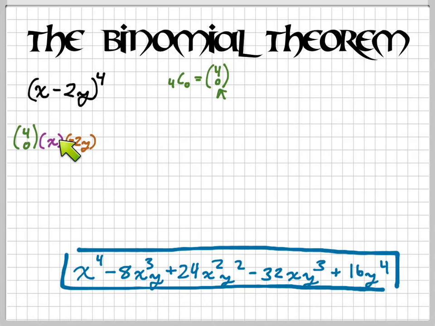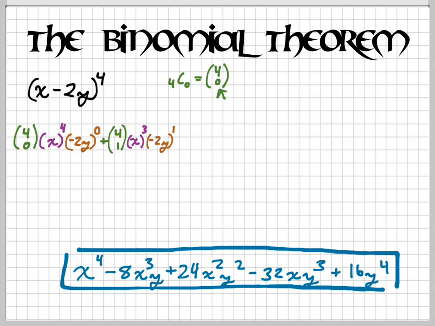So this first term and the second term both need an exponent. This first term right here always starts off with the exponent that is on the binomial. You see down here? You see the answer? It always starts off with it. And so the other one has a 0 for the exponent. That's going to give us our first term right here. We'll take a look at that in a second, but let's build the rest of it.